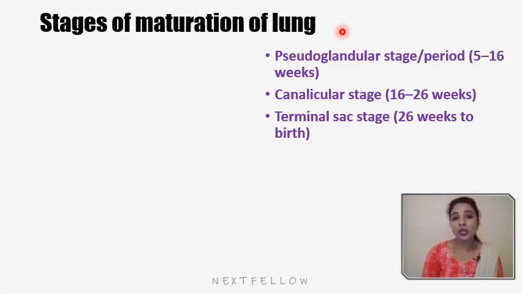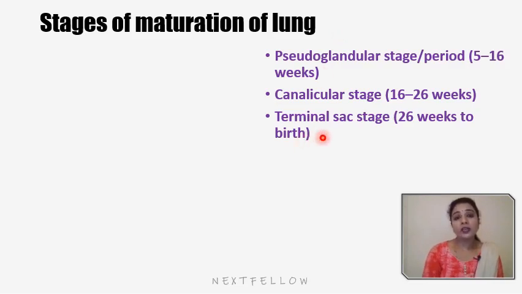So the epithelium of the terminal sacs becomes very thin and the capillaries bulge into these sacs. So close intimate contact between the epithelium and the endothelial cells is established. So the blood-air barrier permits adequate exchange of gases for survival. So premature infants born during this period can survive with intensive care.